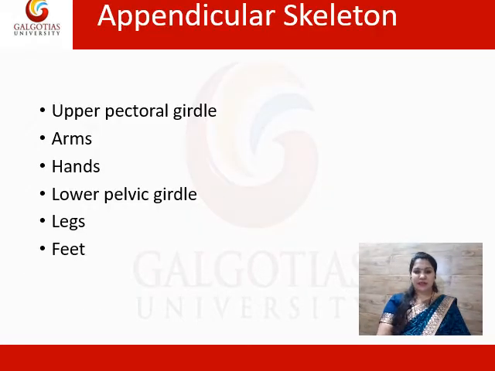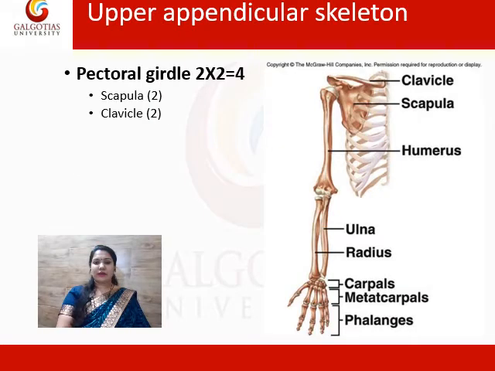The appendicular skeleton includes the upper pectoral girdle, arms, hands, and the lower pelvic girdle, legs and feet. Let's discuss them one by one. The upper appendicular skeleton consists of the pectoral girdle.